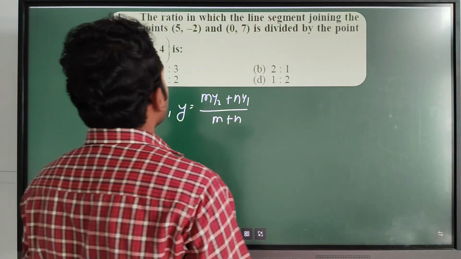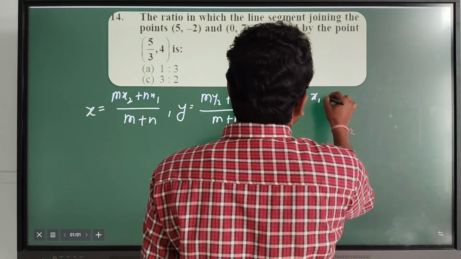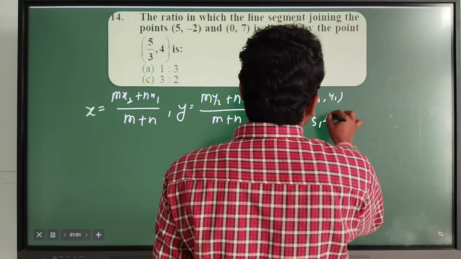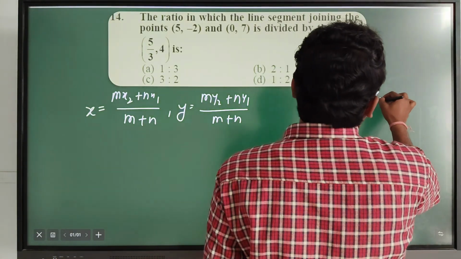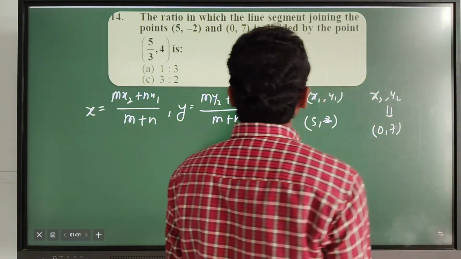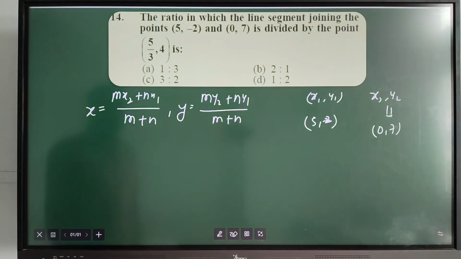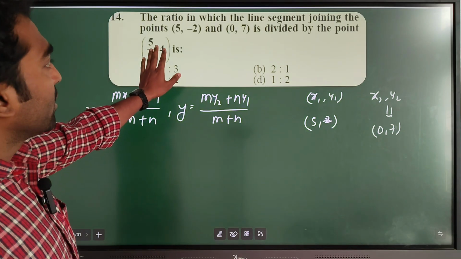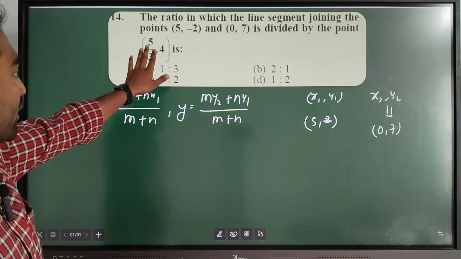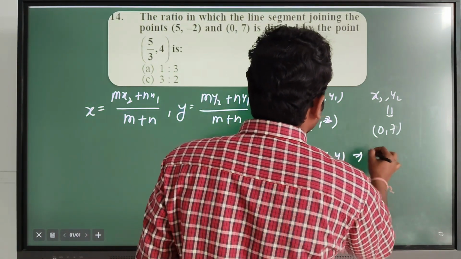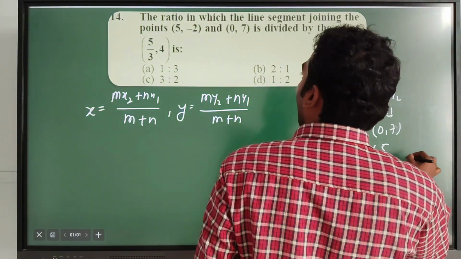Let x1, y1 be 5, -2, and x2, y2 be 0, 7. You have to find the ratio, which means you have to find m and n, and the point x, y is 5 by 3 comma 4.